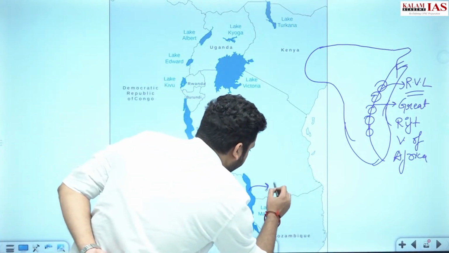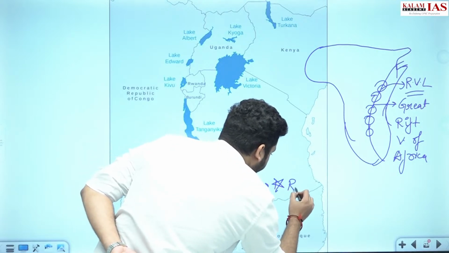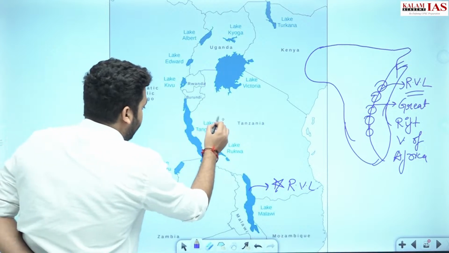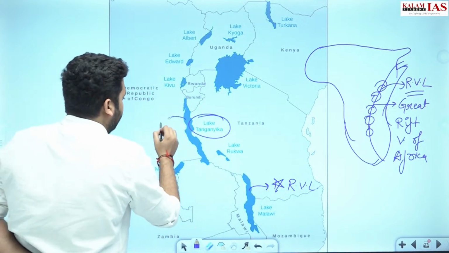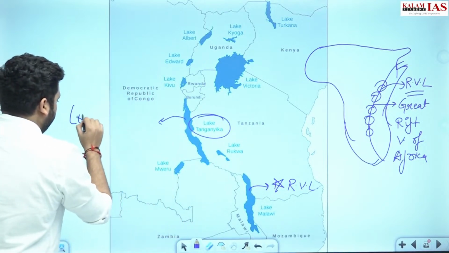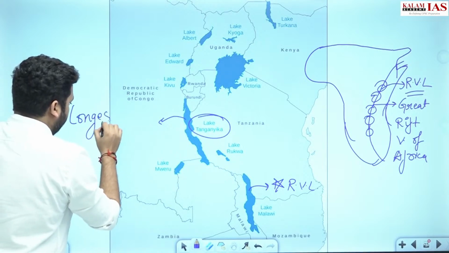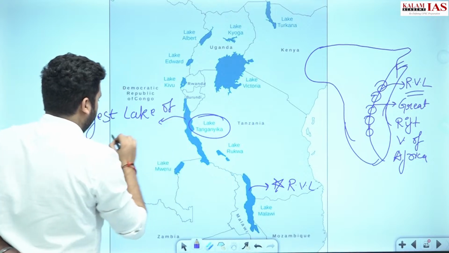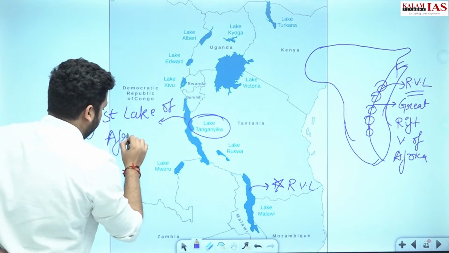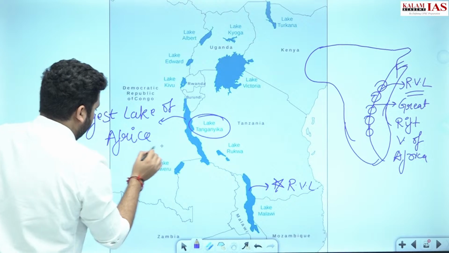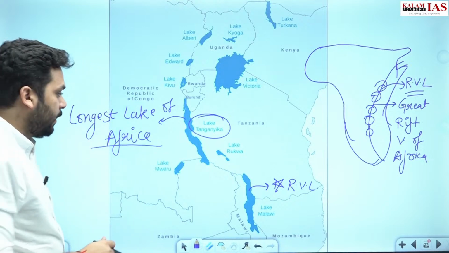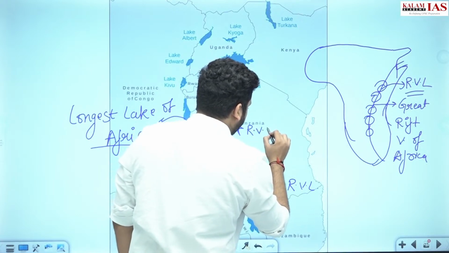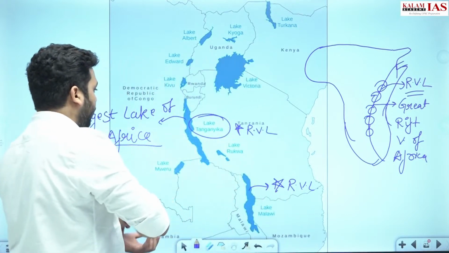Lake Malawi, a Rift Valley lake. Then Lake Tanganyika, it is also a Rift Valley lake.